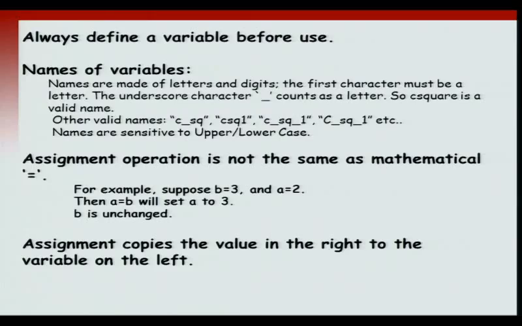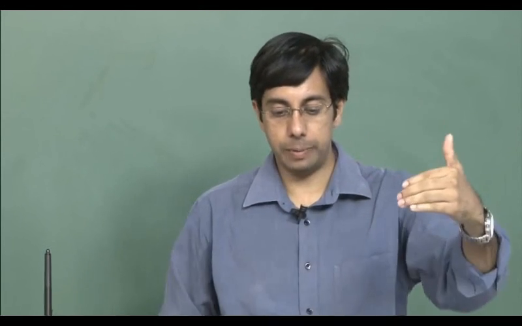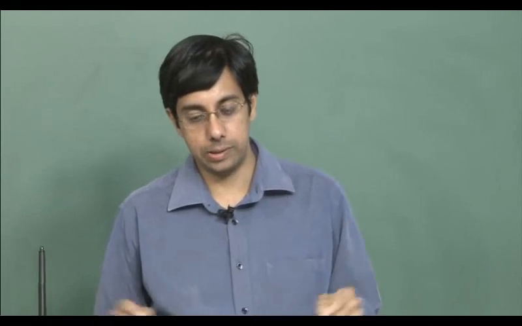Okay. A few final words about variables. Just like in a cooking recipe, you will never mention a step which involves an ingredient without mentioning that that ingredient is needed in the first place. Okay, so you will never say use salt, and if you look at the list of ingredients, you will see that there is no salt in the list of ingredients.